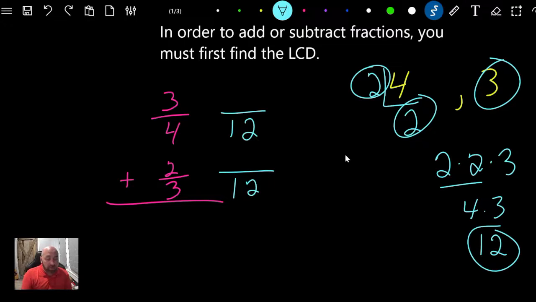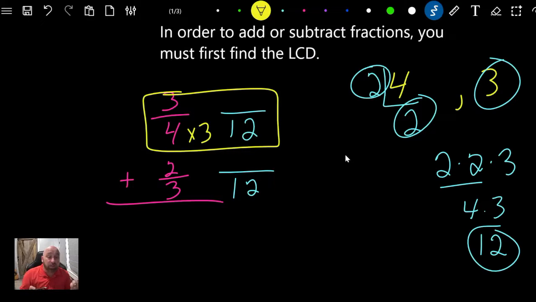All right, so here's the way that you do this. What you do is you come back here and you say, okay, 4 times what gives me 12? Well, 4 times 3 gives me 12. Now, I want these two fractions right here to be equivalent fractions. We dealt with this in the last lesson.